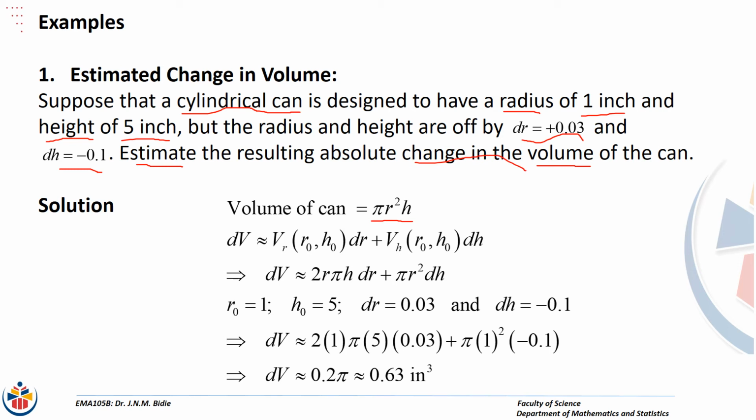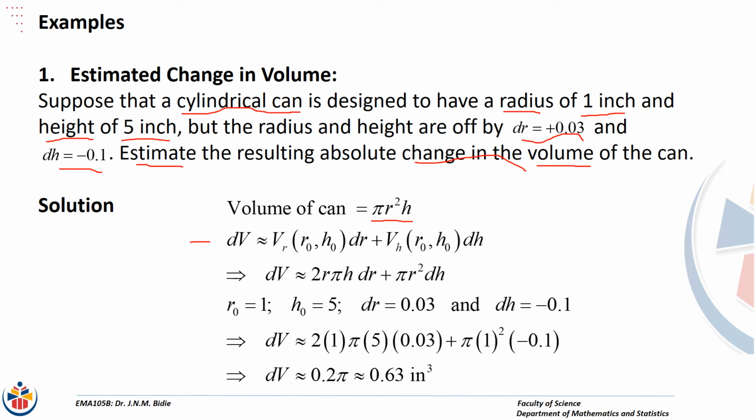So the volume of a cylindrical can is pi r squared h. Now we bring in the formula that we know. Now it's delta V is approximately equal to V. Note that our V has got two variables, R and H. We don't have X and Y now.